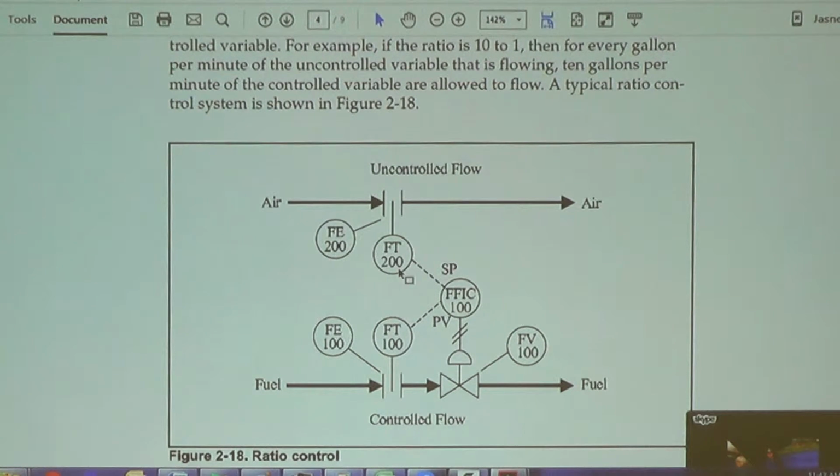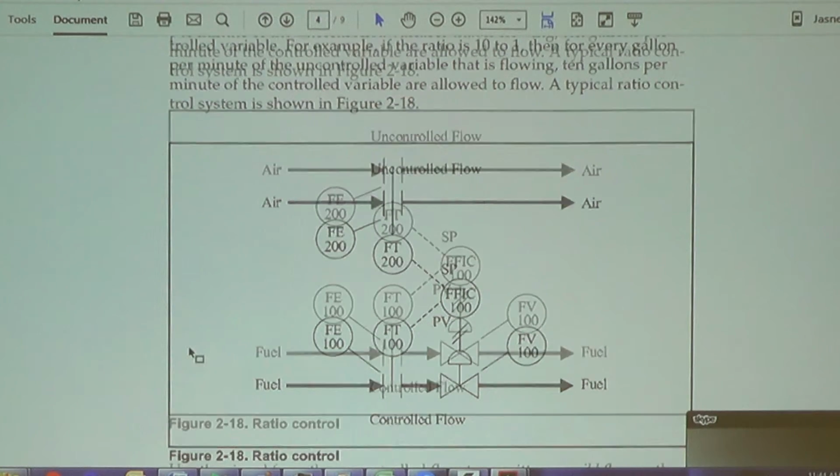If we have to maintain a 10:1 ratio, we sense the flow of the air. Once we know the flow of the air, the FFIC uses that as a set point. Using that set point and a ratio of, let's say, 10:1, if the air is 10 GPM, fuel would now be controlled at 1 GPM. So this is ratio control.